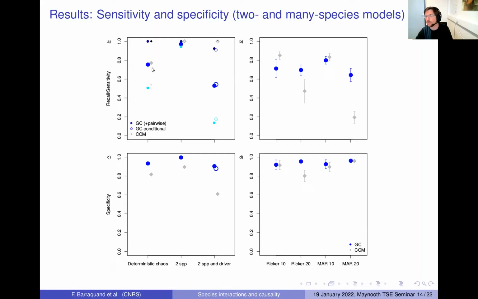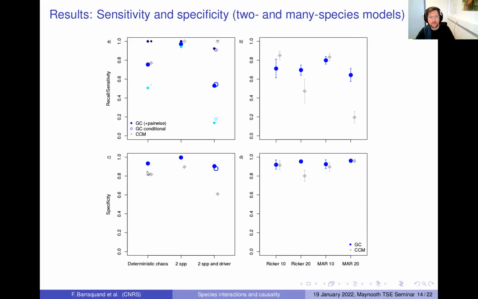And the average performance is the same, which was really surprising because we thought that in that case convergent cross-mapping would work perfectly, and Granger causality, like multivariate autoregressive model fitting, wouldn't work at all, but it does fairly well.